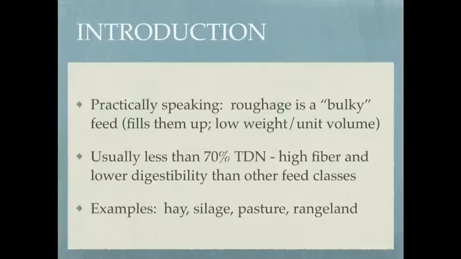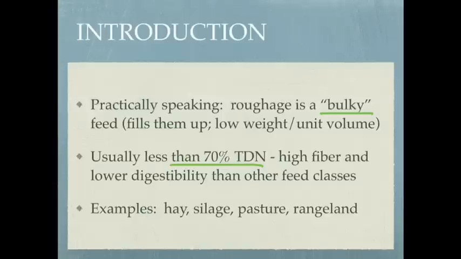So when we talk about roughage as a bulky feed, it's a low weight per unit of volume. It takes up space. Typically roughages, in addition to being bulky, are going to have less than 70% TDN. They're high fiber, low digestibility compared to our other classes, specifically protein supplements and energy feeds.